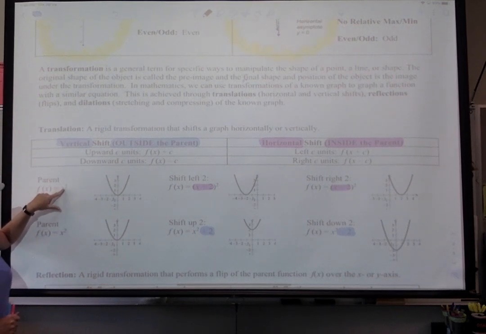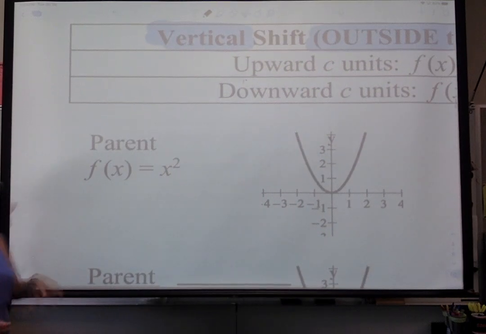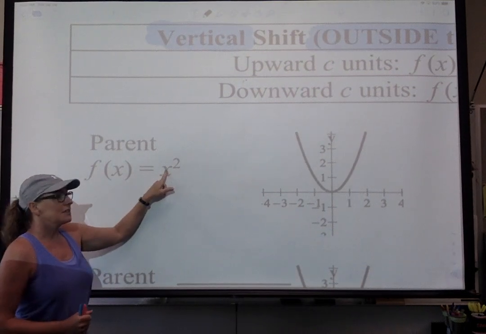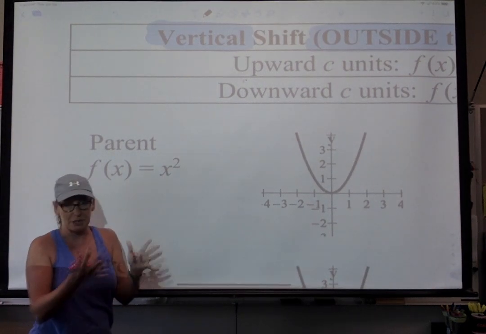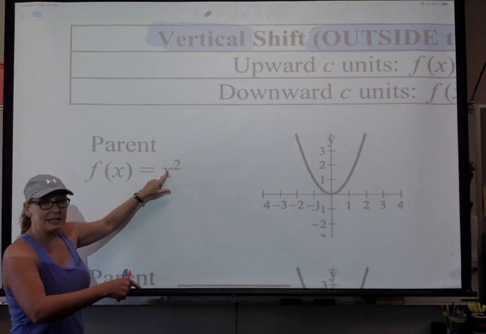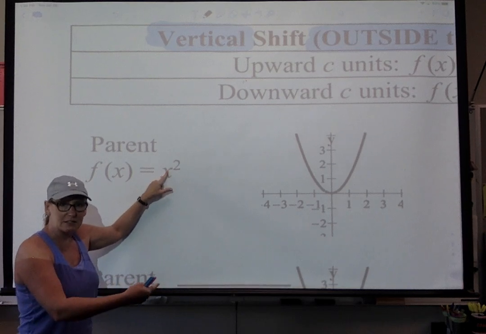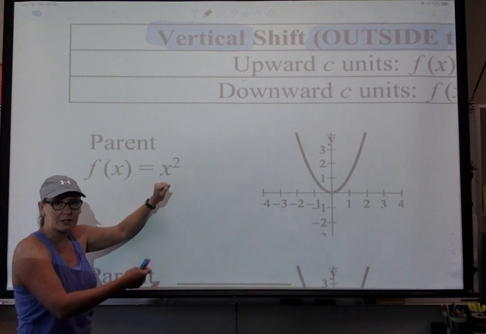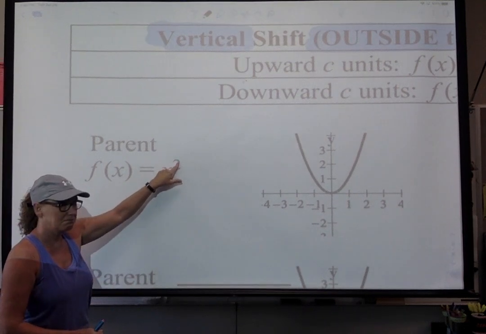The parent equation for a quadratic is just y equals x squared. Keep in mind that whenever you choose an x value, pick an x, any x, maybe 3, when you plug that 3 in, you don't do anything to the number before you square it. You just plug in the 3 and bam, you square it.